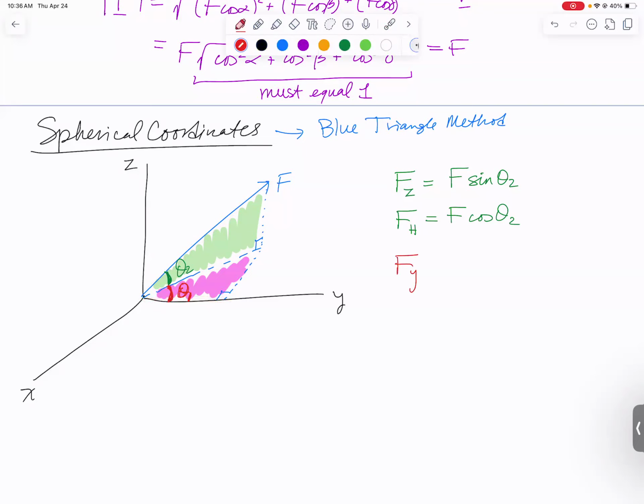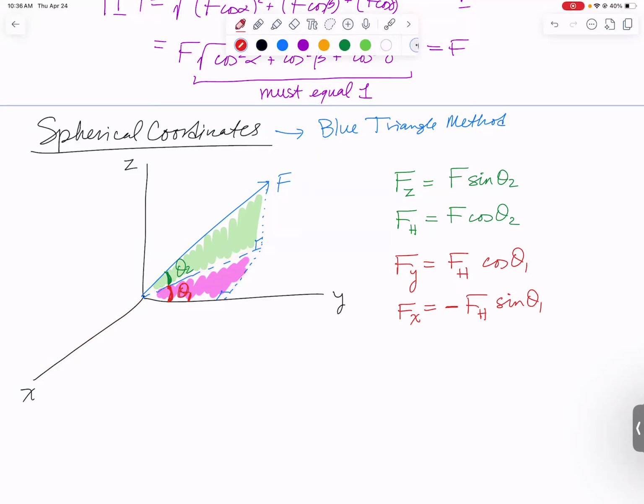So my y component is going to be not f, but f horizontal, because that's the hypotenuse of the pink triangle, times cosine of theta 1. And then finally, fx is going to be negative, because it's pointing in the negative direction. It's also f horizontal times the sine of theta 1, because x is this direction, and my component's pointing back that way, and the hypotenuse of my triangle is fh.